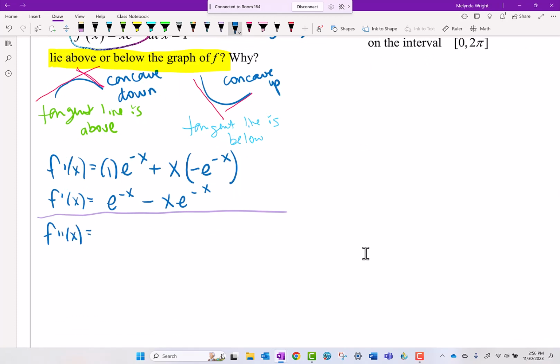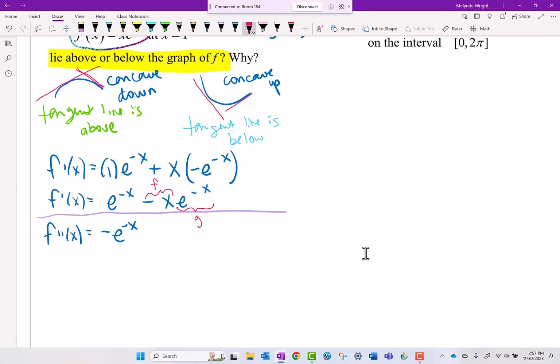Now the derivative of e to the negative x, we just did that a second ago. Pretty easy. It's just a chain rule, right? It's negative e to the negative x. That one's easy. Now when I do the product rule on this second term, I'm going to treat this negative x as f and e to the negative x as g.